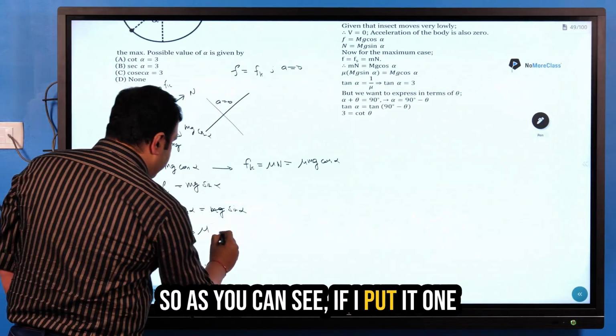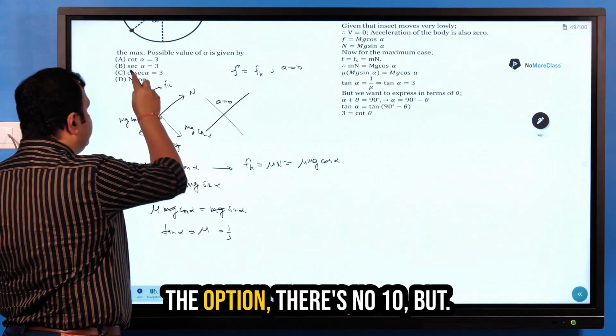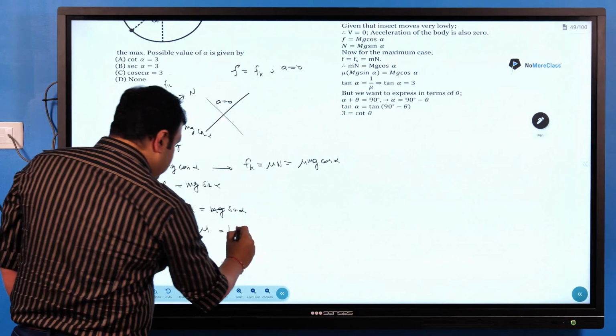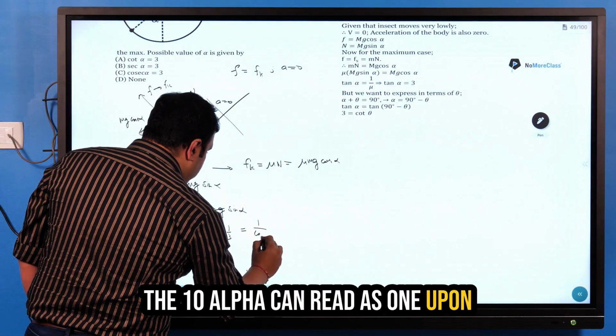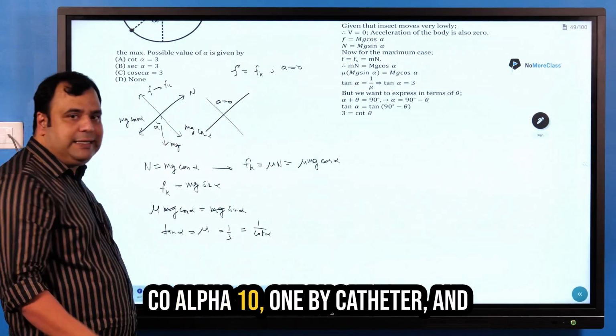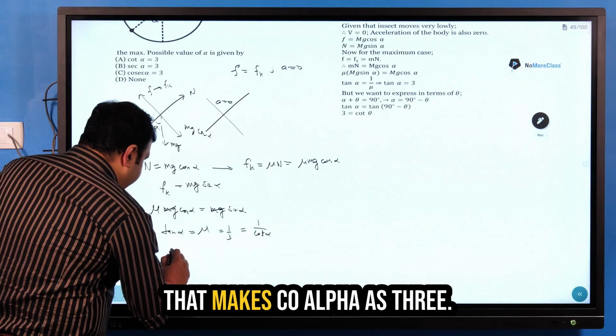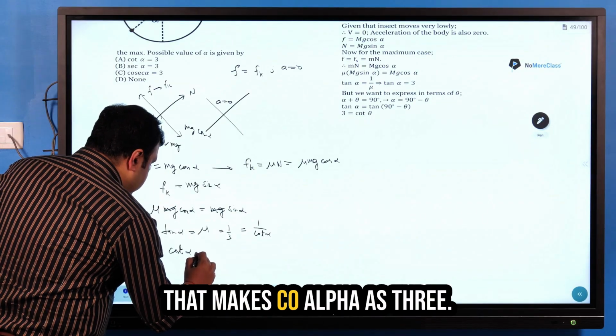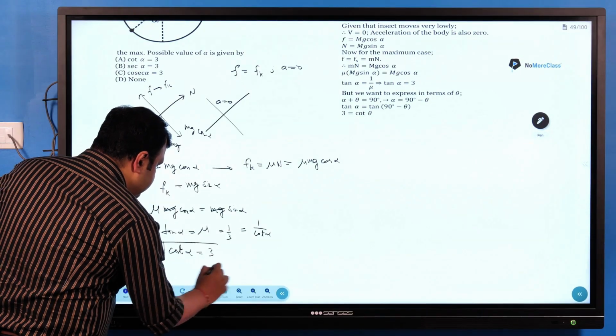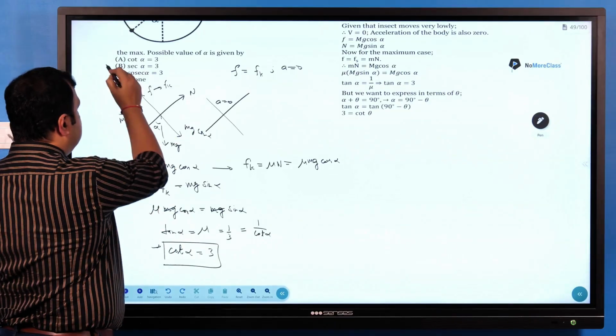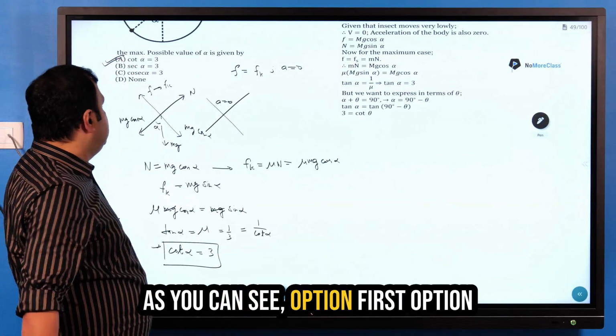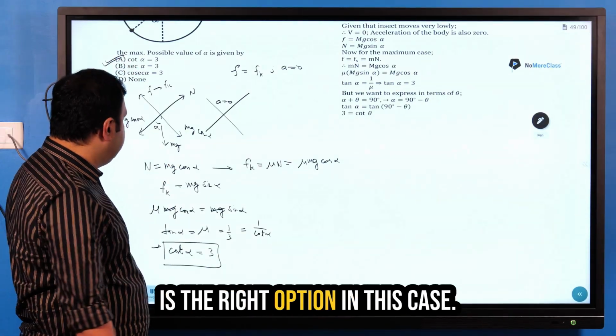Now, if you look at the options, there is no tan alpha. But tan alpha can be written as 1 upon cot alpha. Tan theta is 1 by cot theta. And that makes cot alpha equal to 3. As you can see, the first option is the right option in this case.